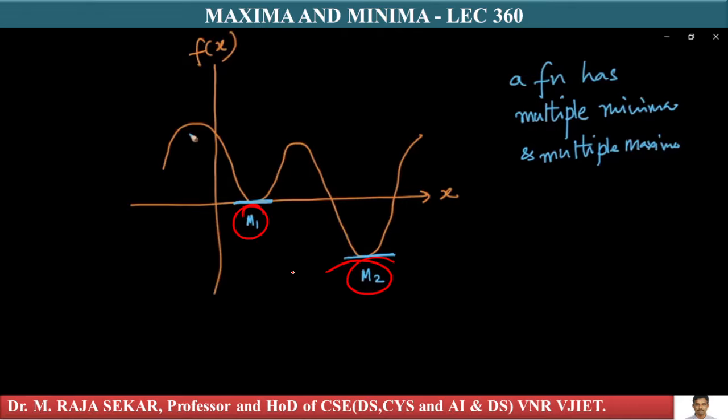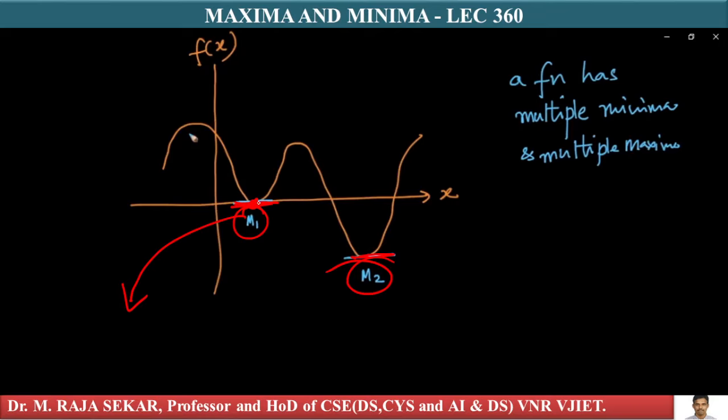If you notice, this is a minima. Why is it a minima? It is a minima because the slope here is 0. There is another minima. This is also a minima, because the slope here also equals 0. If you look at the corresponding points in the vicinity, all the points in the vicinity have values greater than this value.